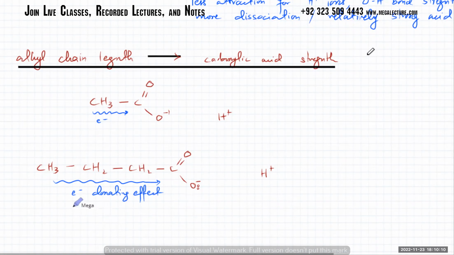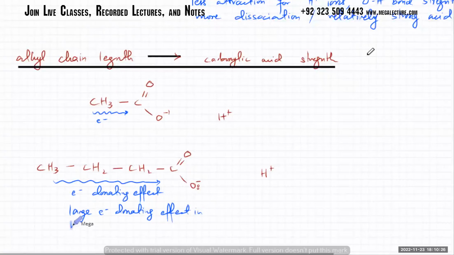So bigger alkyl chains, you have larger electron donating effect, in bigger alkyl chains.